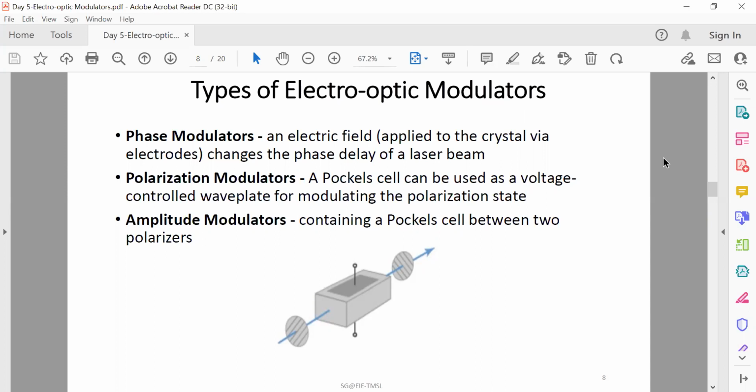In the case of polarization modulators, the phase delay can depend on the polarization direction, depending on the type and orientation of the nonlinear crystal and on the direction of the applied electric field. A Pockels cell can thus be seen as a voltage-controlled waveplate, and it can be used for modulating the polarization state.